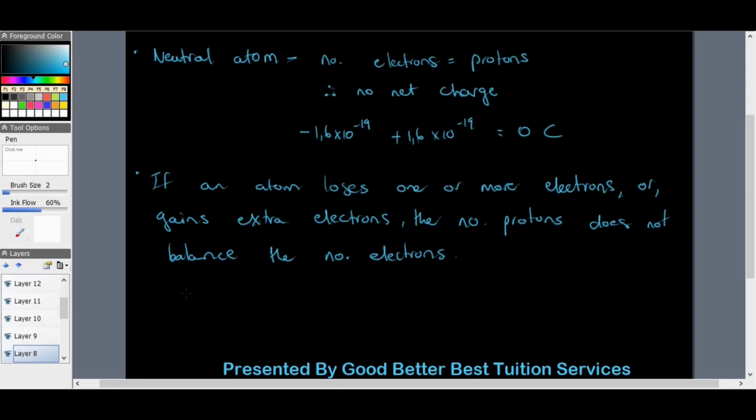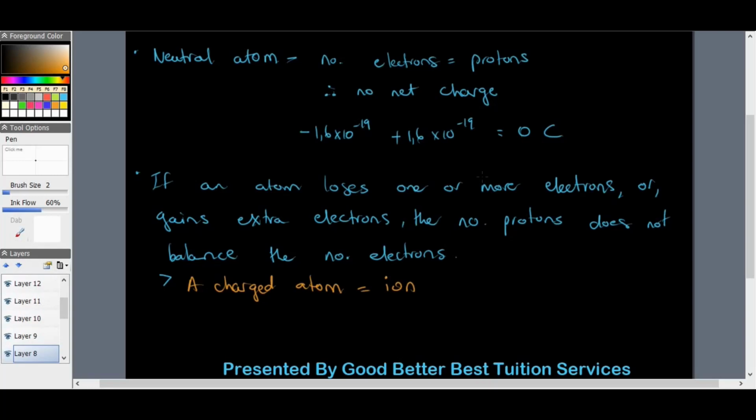A charged atom is called an ion. Not iron, but an ion. This exists in physics as it does in chemistry.